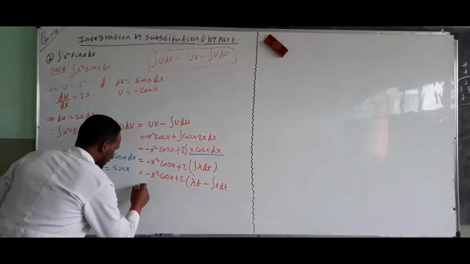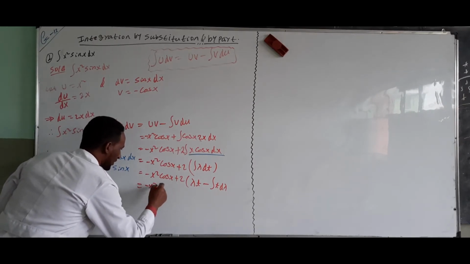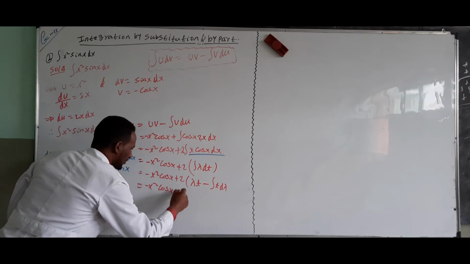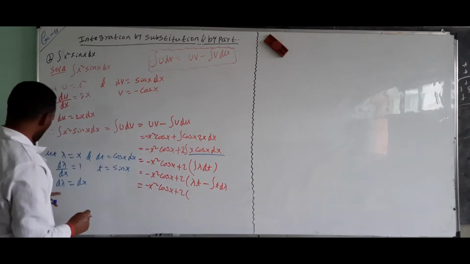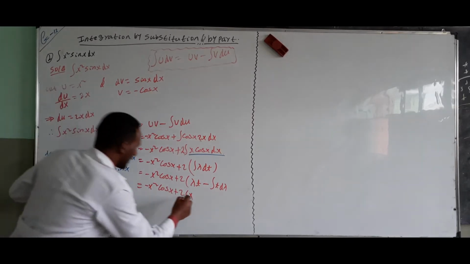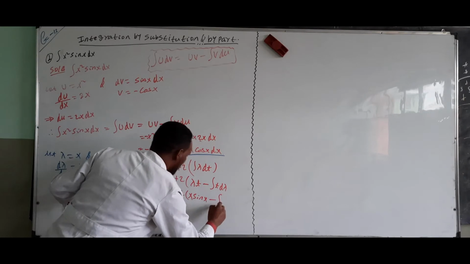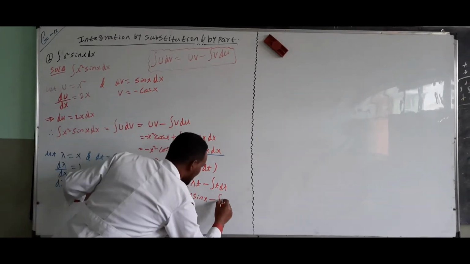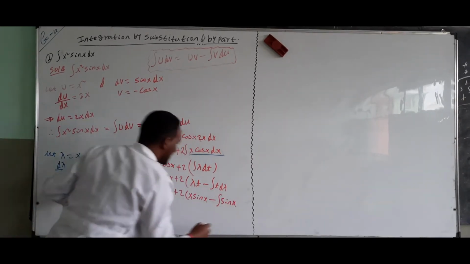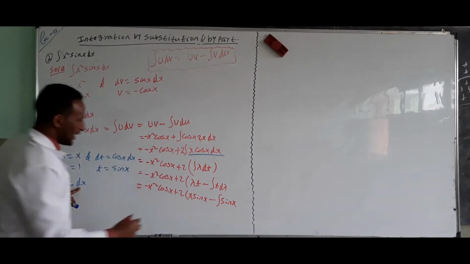Then which is equal to negative x square cos x plus 2 times lambda, meaning x, times t, meaning sin x, minus integration of t, meaning sin x, d lambda, meaning dx.